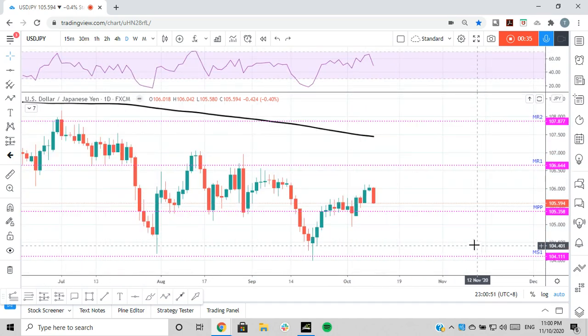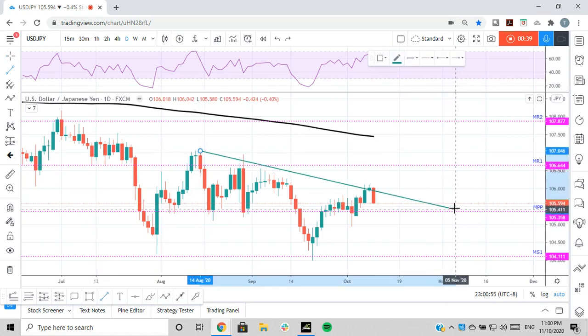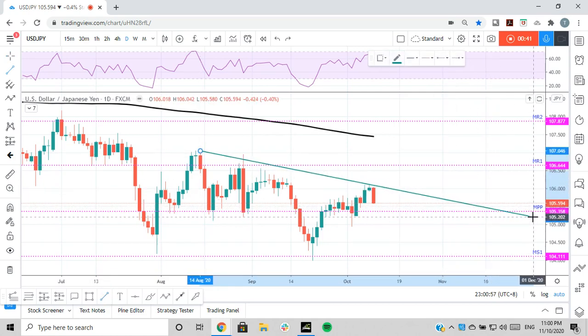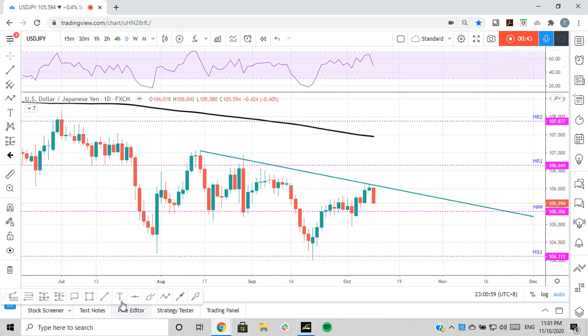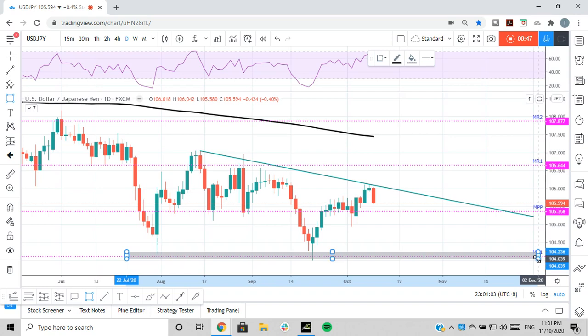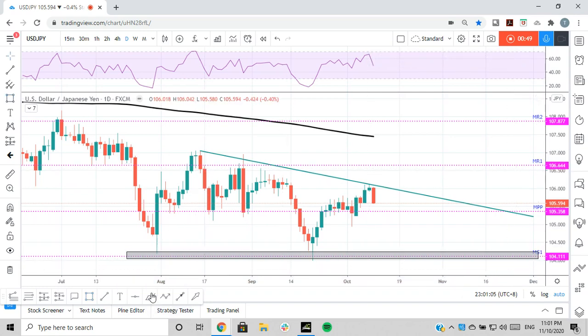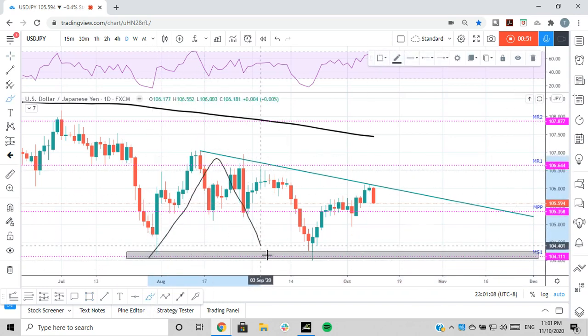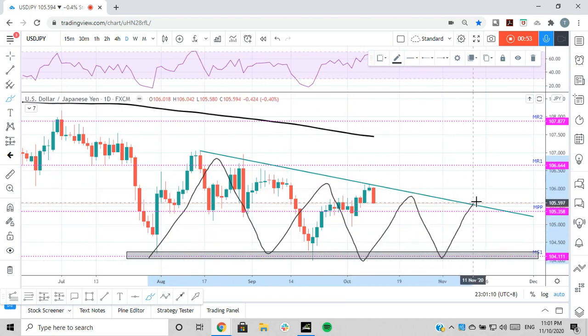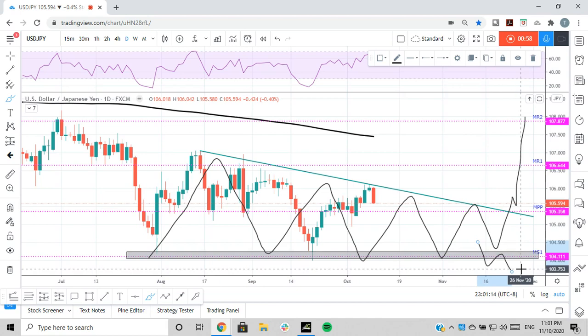Another thing that I want traders to take note of is this triangle that is actually existing right now. What I'm expecting, meaning to say, this is the MS1 level. So this is the triangle that I'm talking about, meaning we might be seeing something like this, then a trade upwards or a trade downwards.